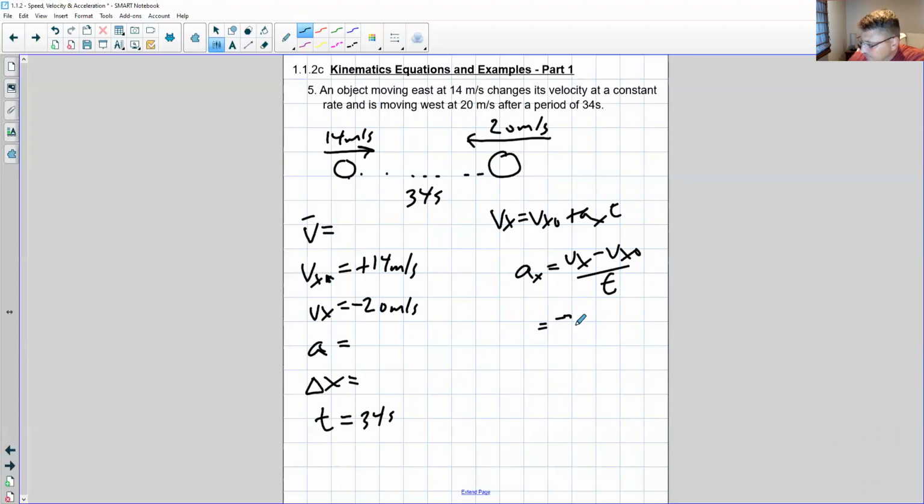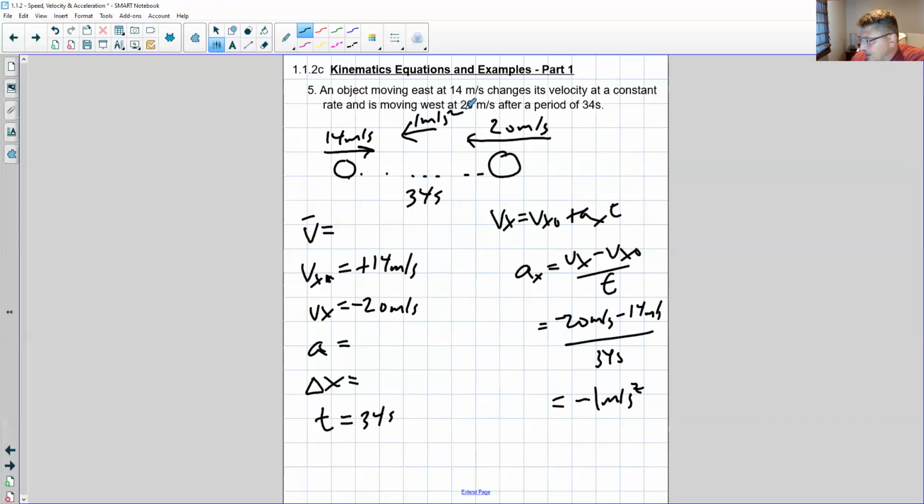So negative 20 meters per second minus 14 meters per second over 34 seconds gives us an acceleration of negative 1 meter per second squared. Now this makes lots and lots of sense, because with a velocity to the west, we're going to need an acceleration to the west.